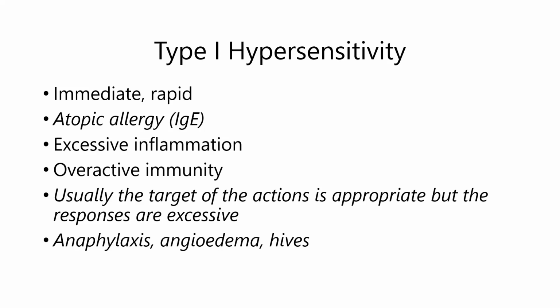You remember those kinins that were released in the body, making it hard for our blood pressure to stay up? And usually the target of the action of the allergic reaction is appropriate, but the responses are excessive. Anaphylaxis, you'll see angioedema and hives.